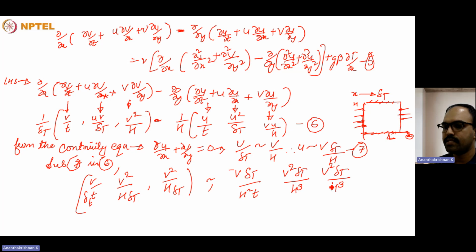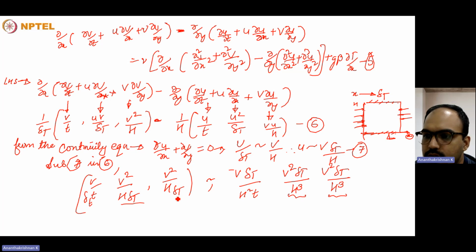So what we could say is that for the boundary layer theory to be applicable, the size of the boundary layer should be very much less than the dimension of the plate. By that logic, this H is significantly higher compared to these two.